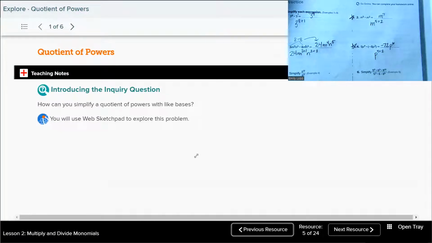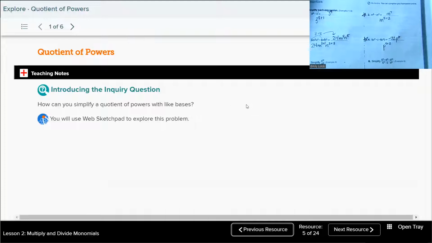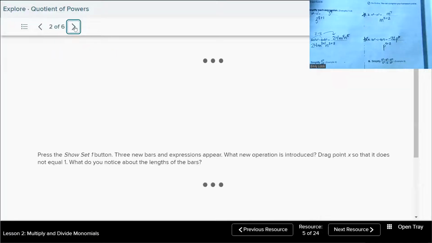So we have to think about our inquiry. How can we simplify a quotient of powers with like bases? Do you remember from yesterday what quotient means? The answer to what kind of problem? Not multiplication, but division. The answer to a division problem.